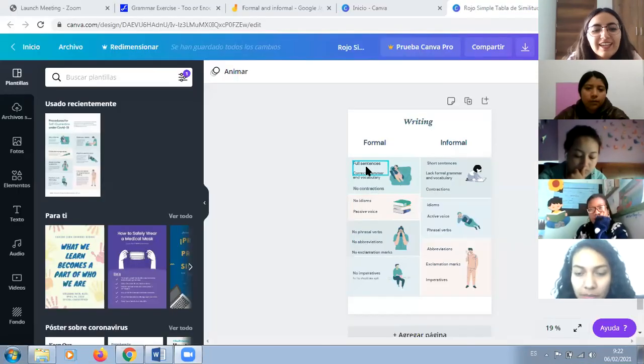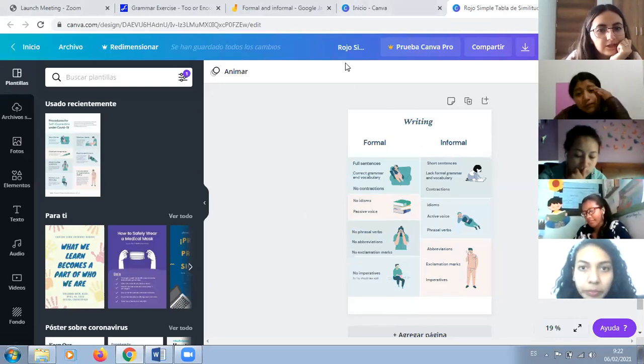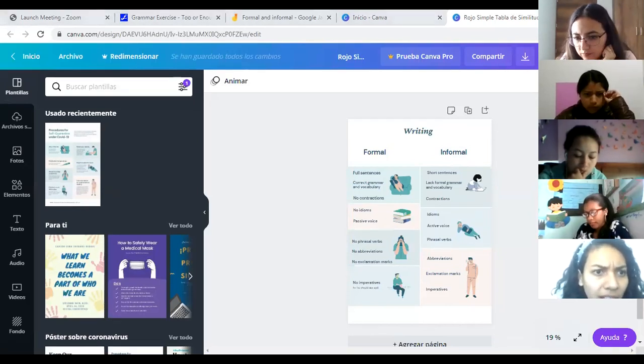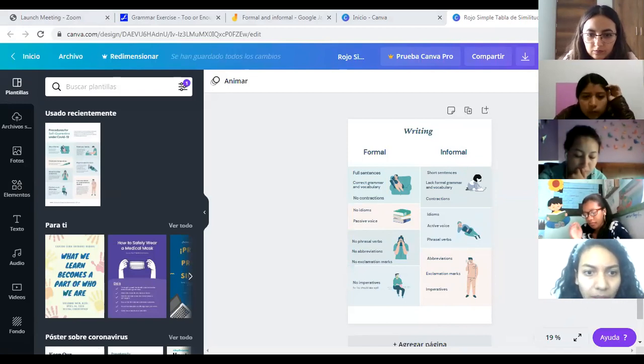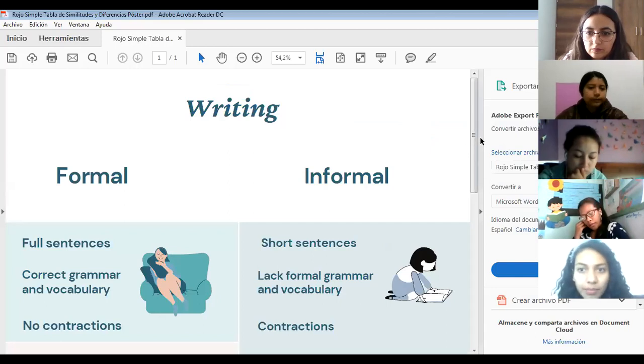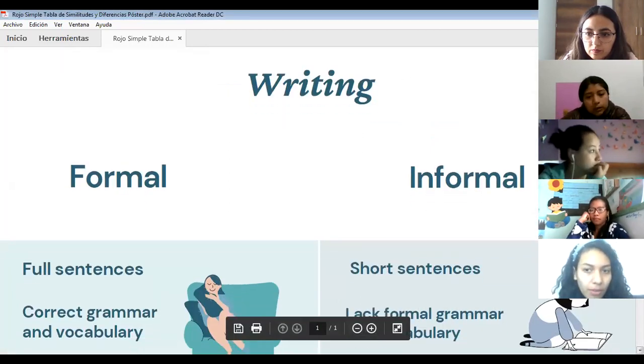Let me show you some of the differences between both. But much better, I'm going to open it here. Yes, here it is. So let's read about the differences in formal and informal writing.